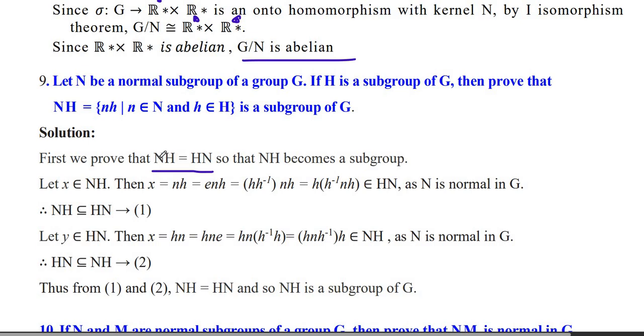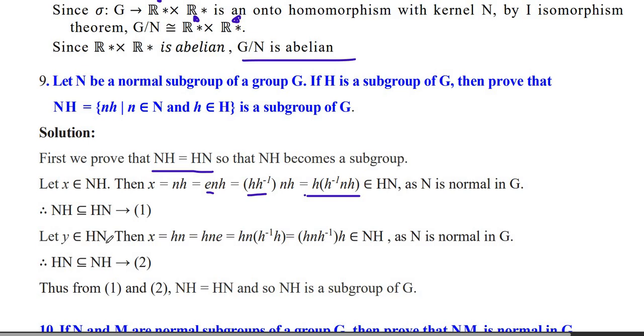To establish this, we have to show that this is contained in this and this is contained in this. So you consider x in NH, you can write it like this. Introduce e here and replace that by h h inverse and group like this. Because N is normal, this must be present in N, and this is obviously in H. So NH is contained in HN, and name that as 1.